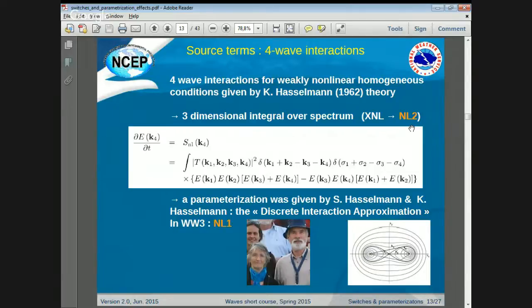And you can also use multiple DIAs, and that's the NL3, and then you have many coefficients to choose, which is all the geometries of these DIAs. So yeah, that is adjustable by the user. The switch is defined in the switch file, and then all the other things have default values, but they can be modified by namelist parameters.